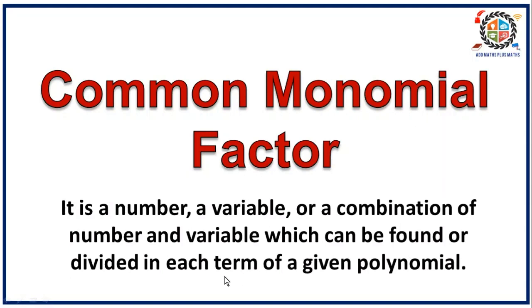When we say term, just for example, a while ago, I have 6x plus 15. 6x is one term, 15 is another term. When we say polynomial, it has two or more terms. Poly means many, meaning two or more.